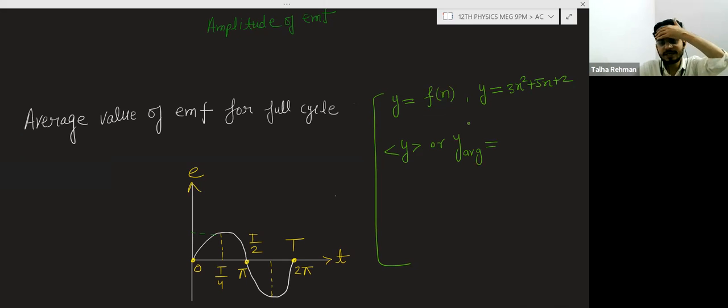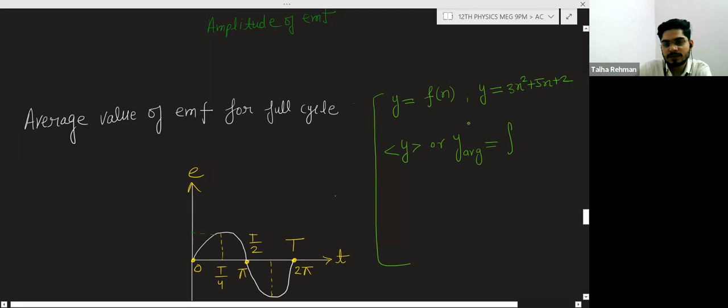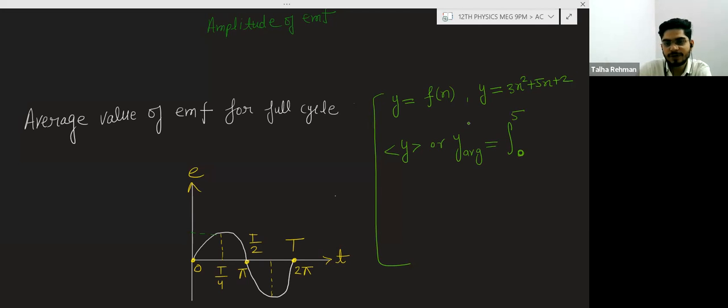Suppose I am saying calculate the average value of y from x is equal to 0 to x is equal to 5. So you will write the integration of y dx divided by the integration of dx from 0 to 5.